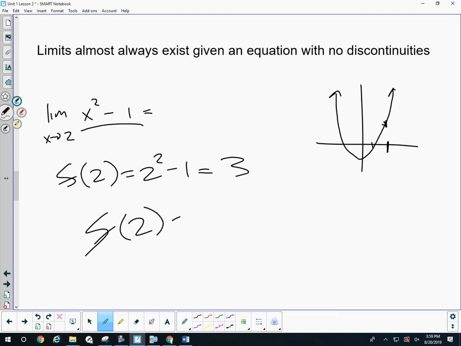I have the point (2, 3). Well, guess what? If I plugged in 1.999, I'm going to get something very, very close to 3. If I plug in 2.001, I'm going to get something very, very close to 3. I don't have to do that because I know what the function value is, and I know that this is a smooth graph. There's no jumps, no holes, nothing crazy. Are you okay with that?